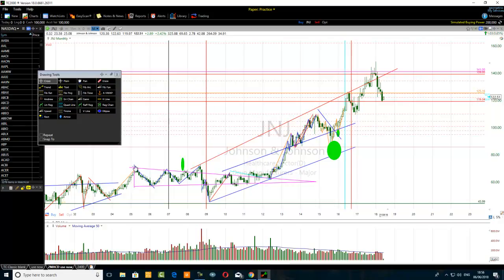So this stock, Johnson & Johnson, was forming a beautiful, nice ABCDE due to the market environment, all right? The financial crisis forced Johnson & Johnson to go below the triangle. So the best explanation for why this price went below the triangle is the financial crisis of 2008-2009. So the market environment and the fundamentals will definitely influence the ABCDE triangle.